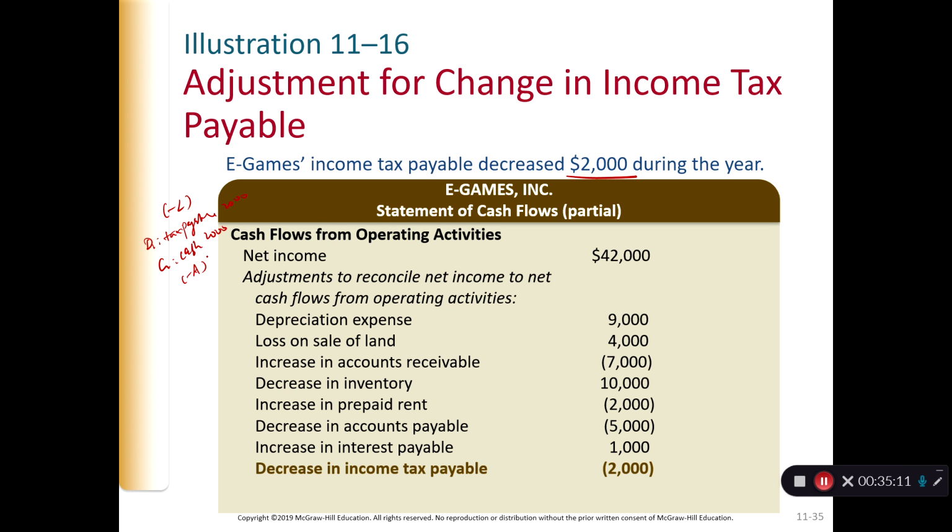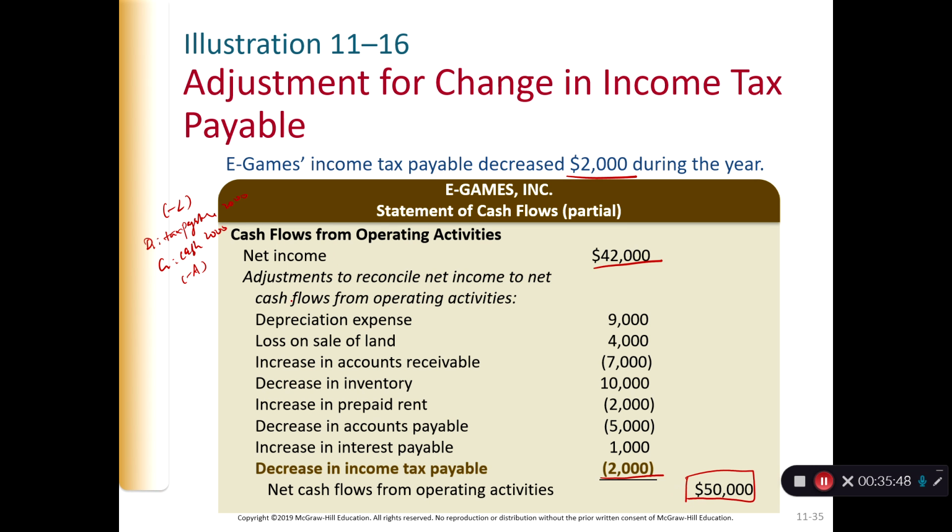So this has nothing to do with $42,000, but we need to also minus it out because it has a lot to do with cash decrease, right? So in other words, the cash outflow reduced the income tax payable, causing cash to decrease by $2,000, but the net income remained unaffected. To adjust for cash being lowered by $2,000, hence we needed to minus $2,000 from net income. So at the end, we get $50,000.